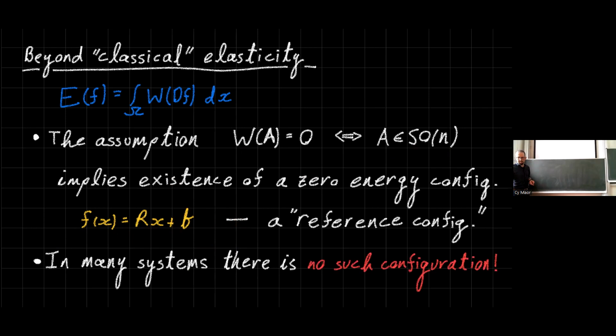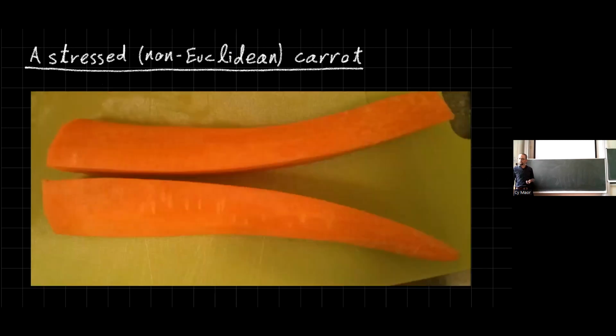But in many systems, there is no such configuration, even in the absence of external forces or boundary conditions or whatever. So you can ask, where can I find such bodies? And maybe the simplest answer is in your kitchen. This is a carrot, and I took this picture.